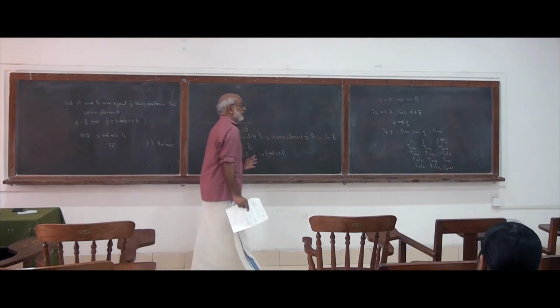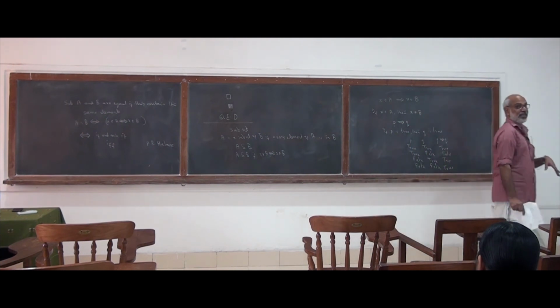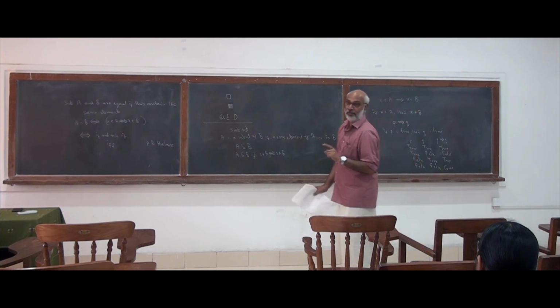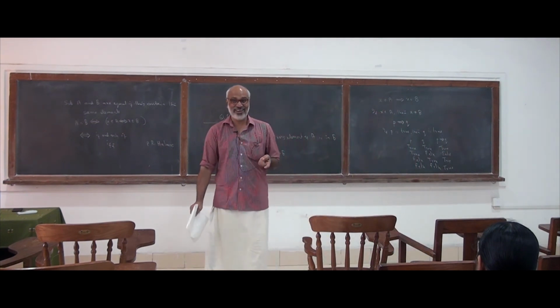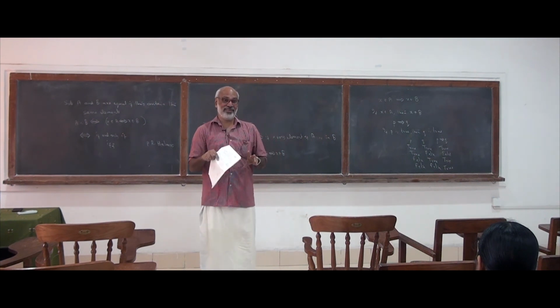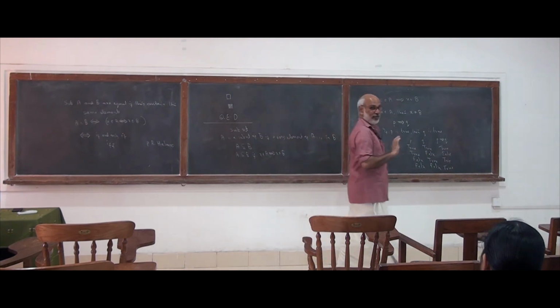And when we write that X is an element of A implies that X is an element of B, we are not implying that there is some mechanism relating these two things. We are not implying that.